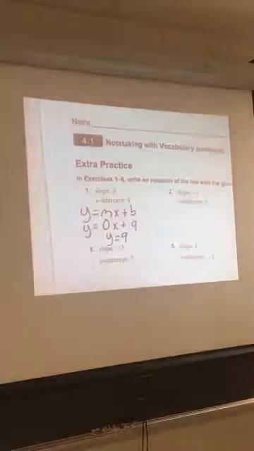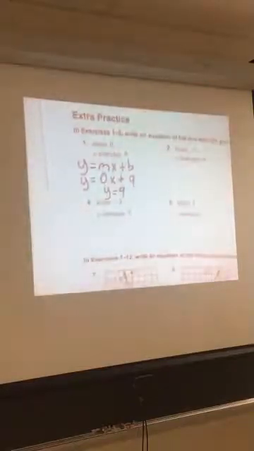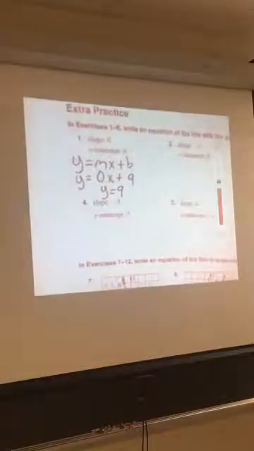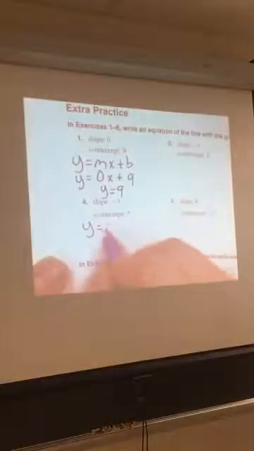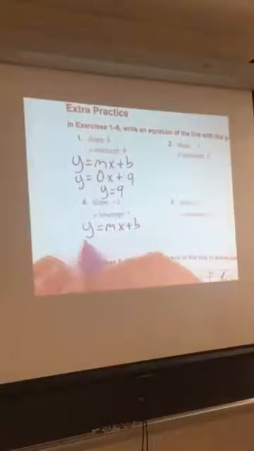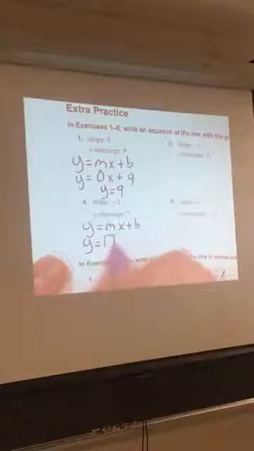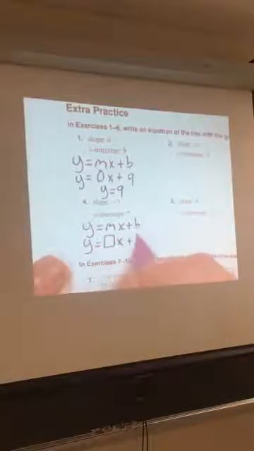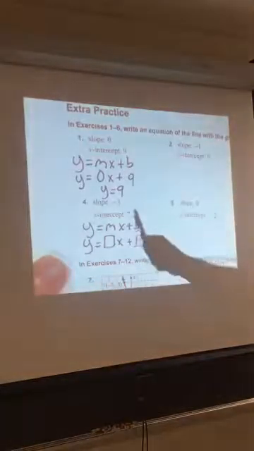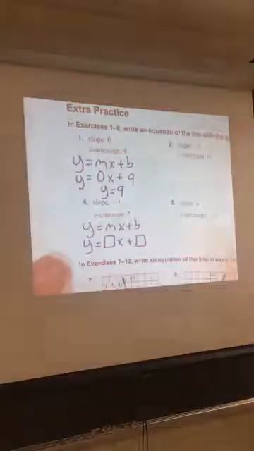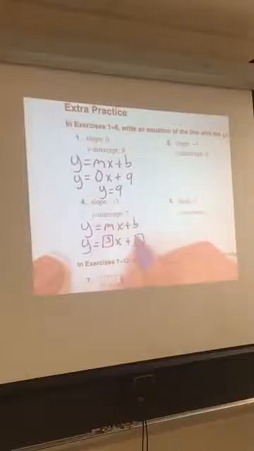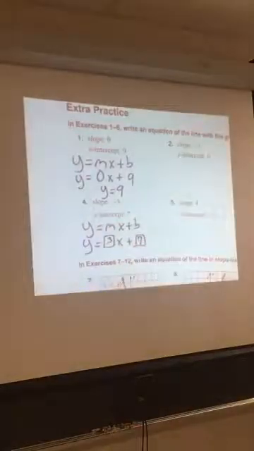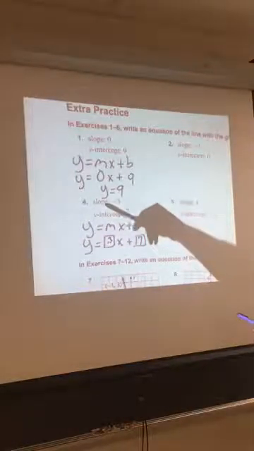Let's jump down one. Here they tell you the slope is -3 and the y-intercept is 7. So once again, y equals mx plus b. Your answer must have a number for the m. Your answer must have a number for the b. So you're going to put the -3 for the m. You're going to put the 7 for the y-intercept. This particular worksheet says the word slope.